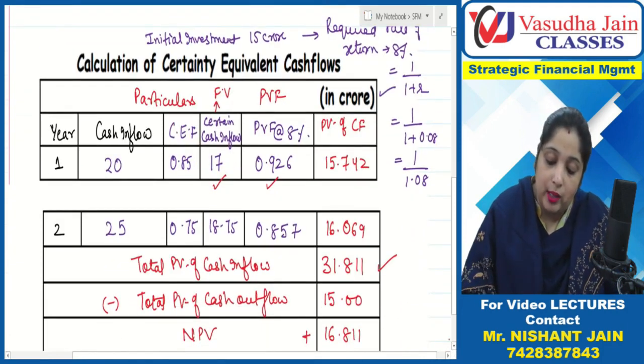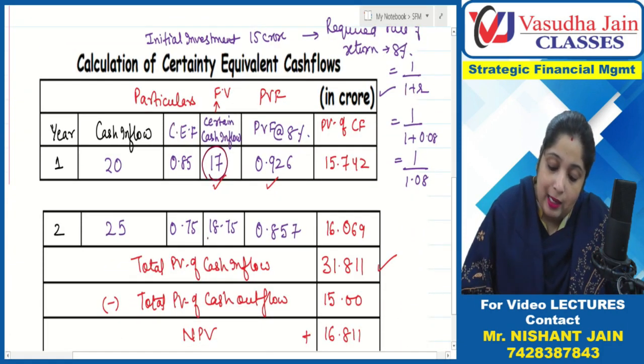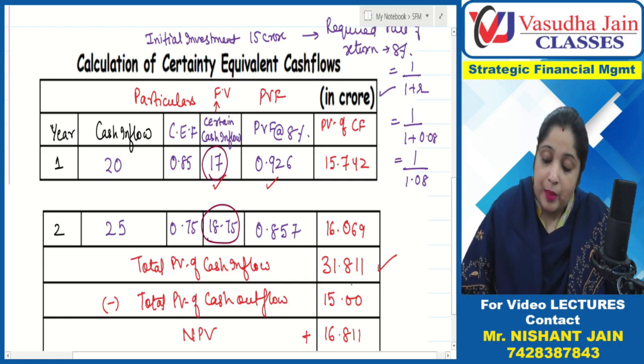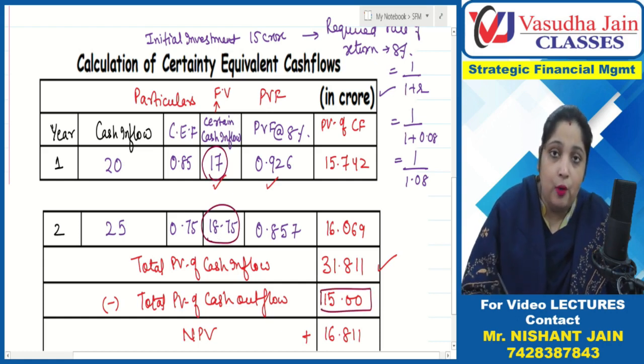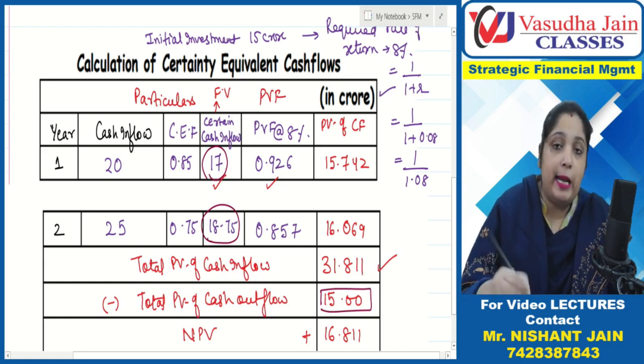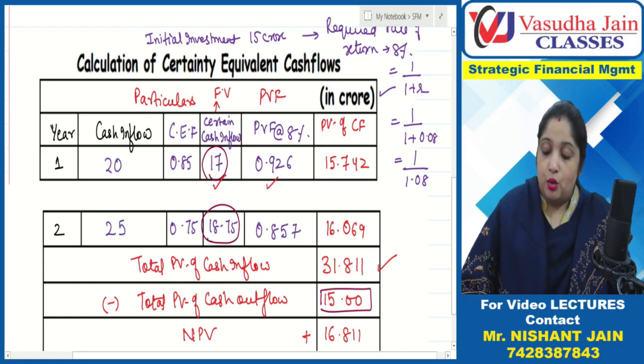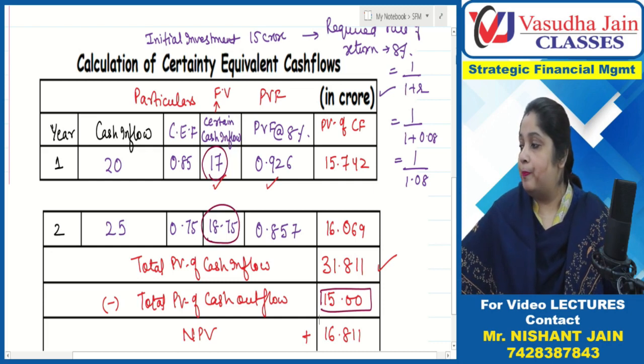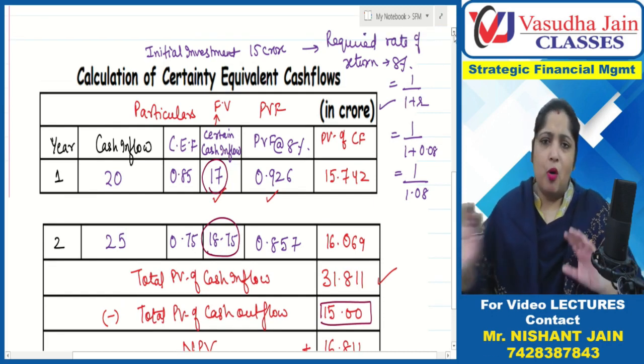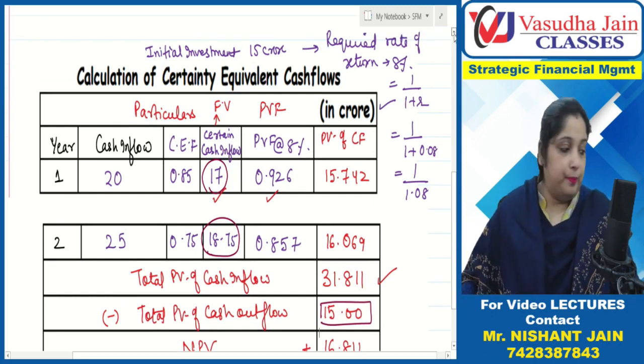We are certain that after 1 year we are going to get 17 lakh and 18.75 lakh. Now we are checking that after doing so much investment, whether our inflows are increasing at the rate of 8% or not. Okay, so please write it down. Very simple question. Such small questions can be asked in the exam. Please write it down.